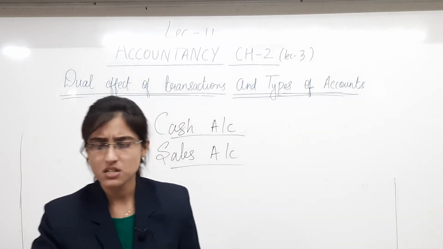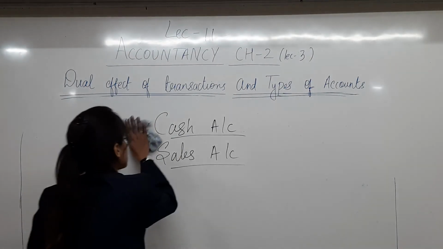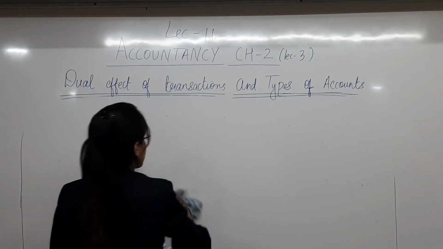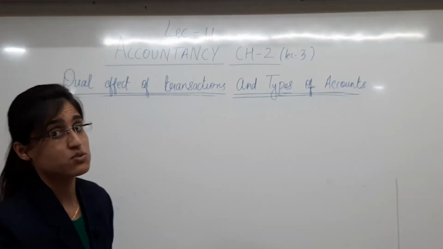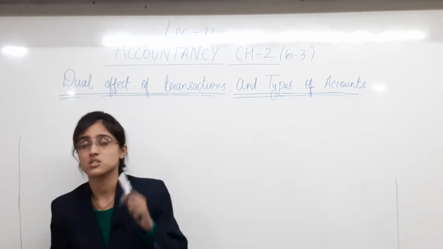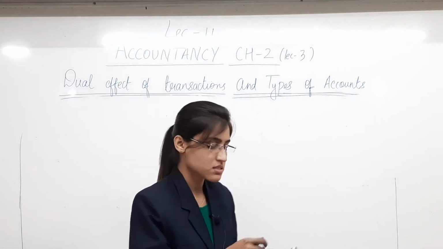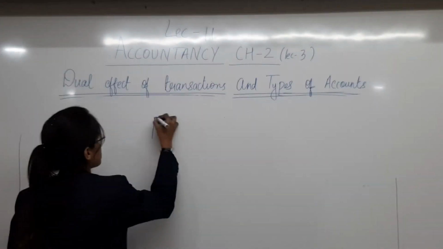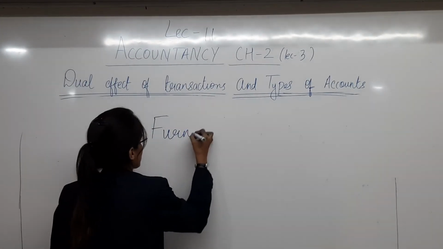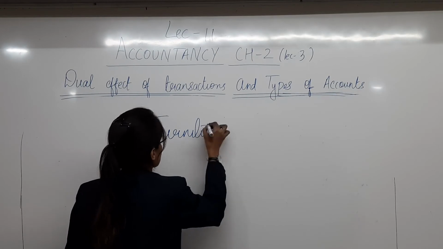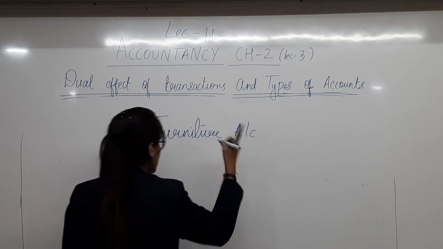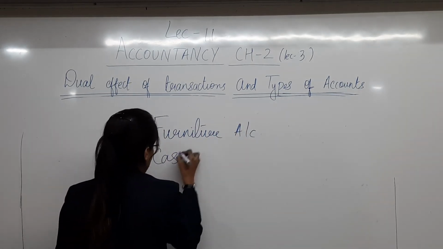In cash transaction, out of the two effects, one is always the cash effect. So the other effect is what has Manoj purchased? Manoj has purchased furniture. Yes. So the first effect, furniture account. Second effect, cash account.